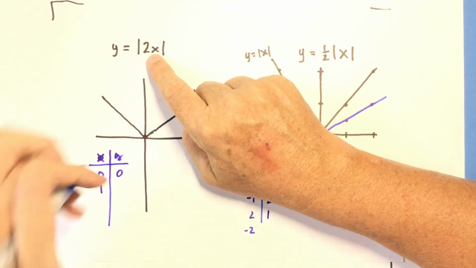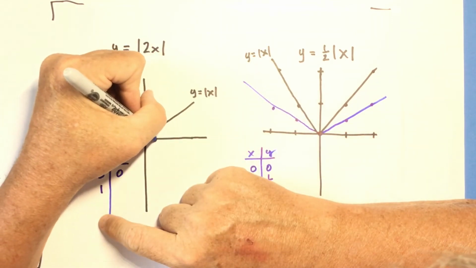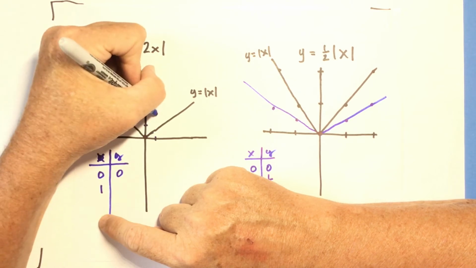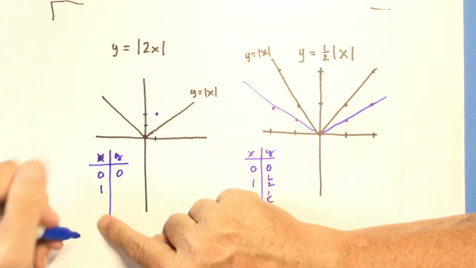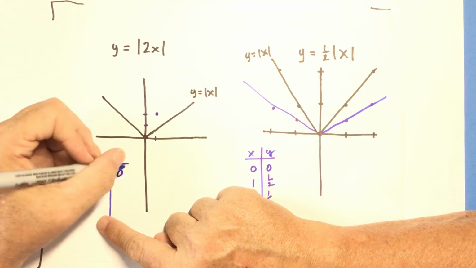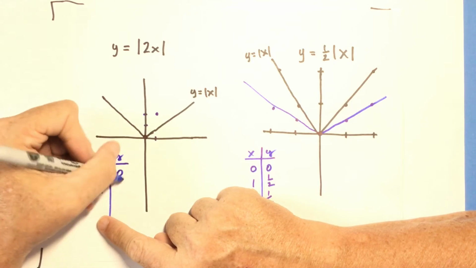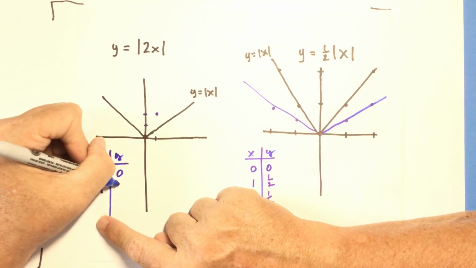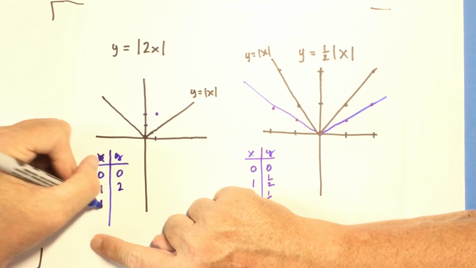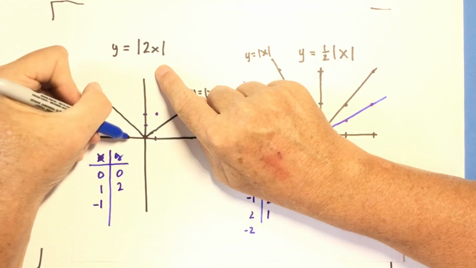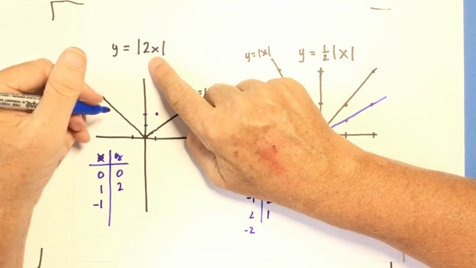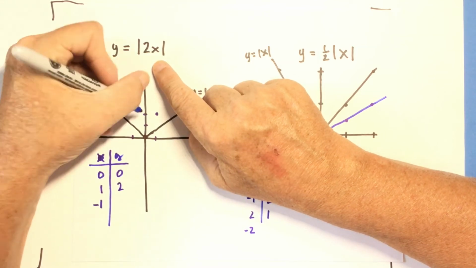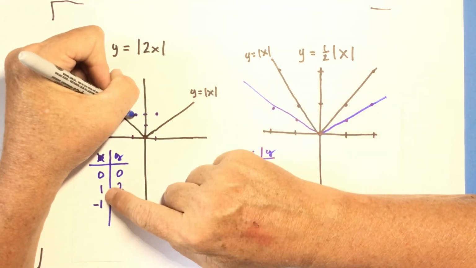The absolute value of 2 is 2. So when x is 1, y is 2. Well, isn't that interesting? I did not see that coming, did you? No, of course not. When x is minus 1, well, minus 1 times 2 is minus 2. The absolute value of minus 2 is 2. Well, that looks like there.